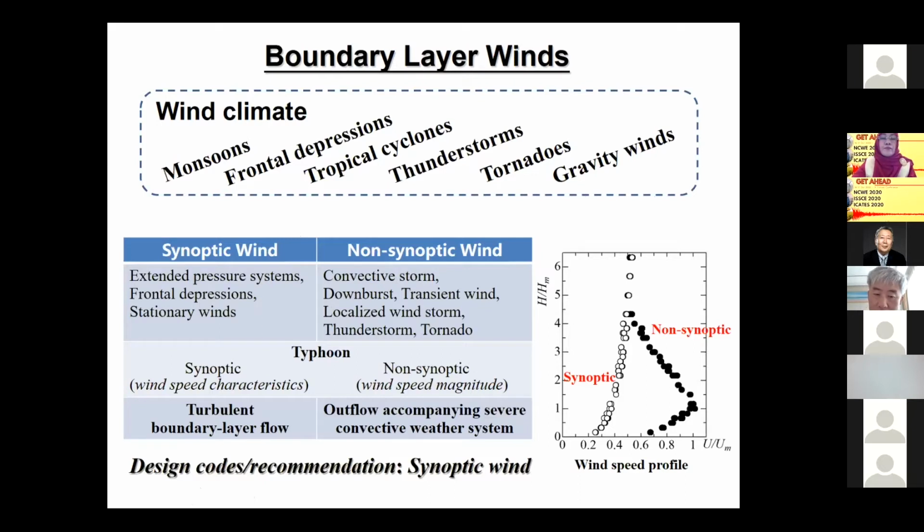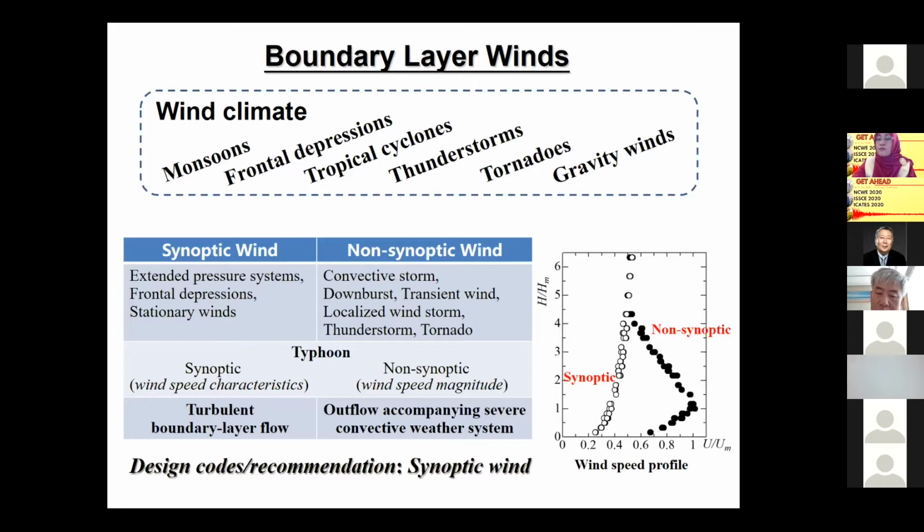But the most important case for us is typhoon. Is typhoon synoptic or non-synoptic? Some time ago, Professor Wickery defined in his paper that in terms of wind speed characteristics, typhoon can be considered synoptic, because if we look at the 10-minute mean statistics, it is still synoptic wind.